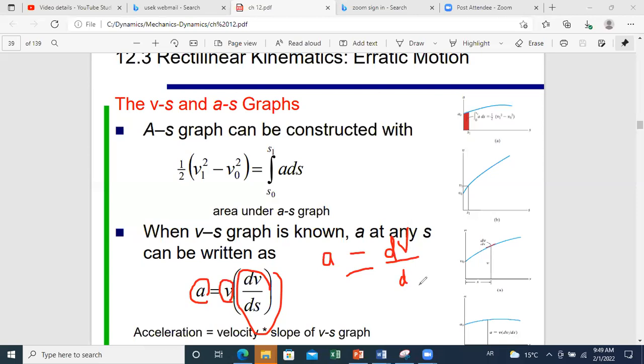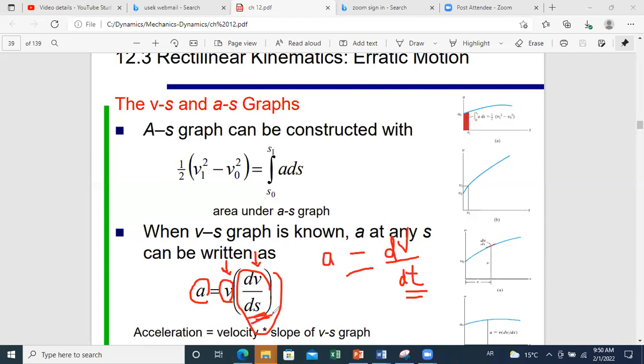However, if I give you v function of s, the acceleration is not equal to the slope. When you take v function of s, we derived together that the acceleration will be equal to the value of the velocity at this point times the slope of v with respect to s. So keep in mind, here it's with respect to time. Here it's with respect to position.